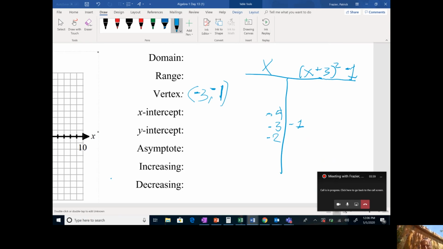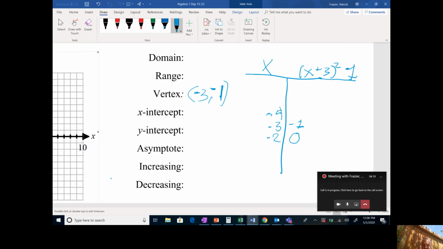Well, if I plug in -2, that is, -2 plus 3. Well, -2 plus 3 is the same thing as 3 minus 2, so that's 1, and 1 squared is 1. And 1 minus 1 is 0.